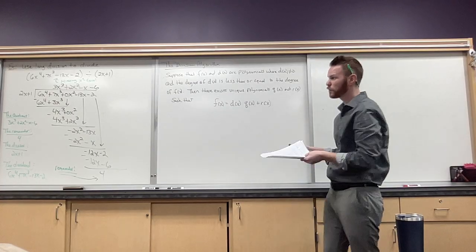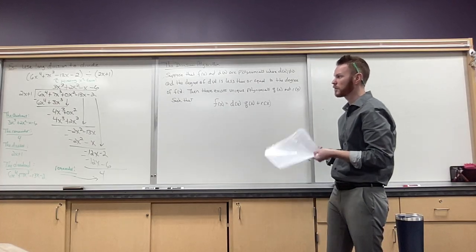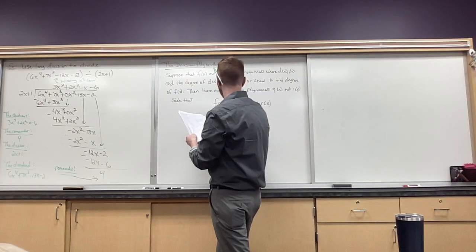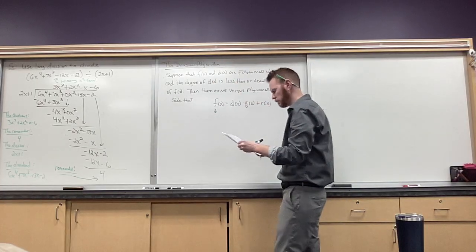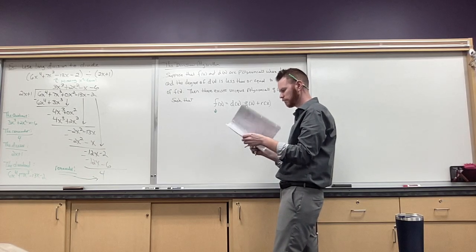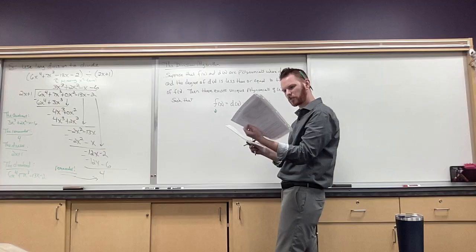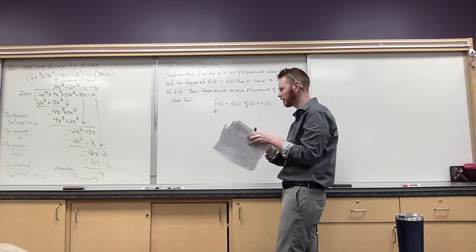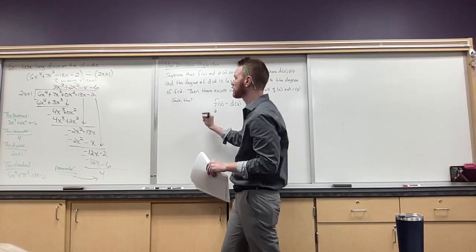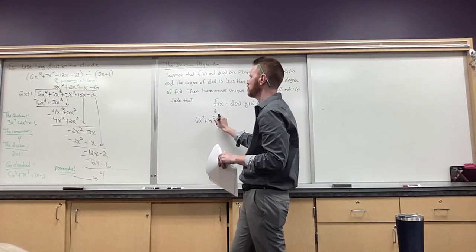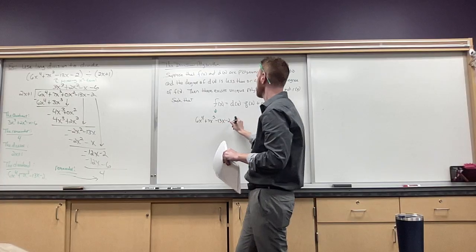It's the 6x to the 4th, 7x cubed, 0x squared minus 13x minus 2, okay? So let me write this down here. Okay, so let me put in 6x to the 4th plus 7x cubed minus 13x minus 2.